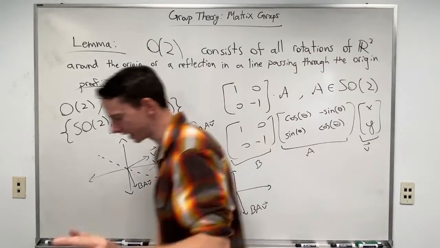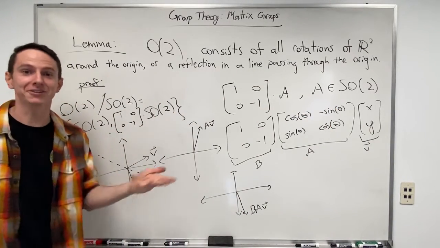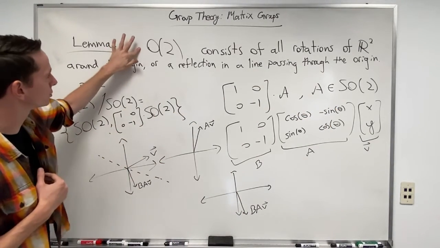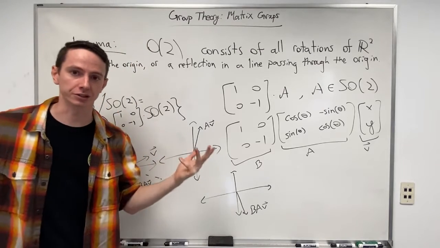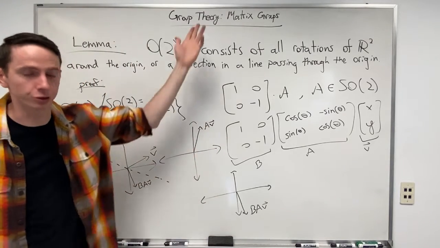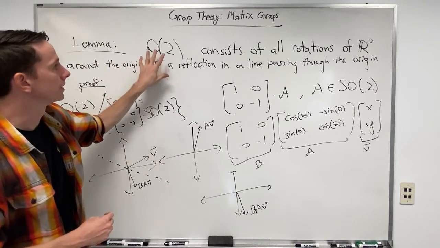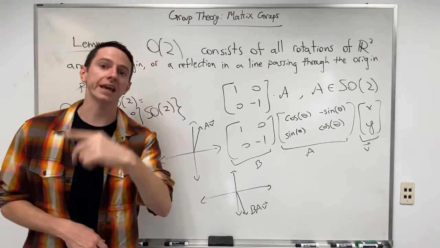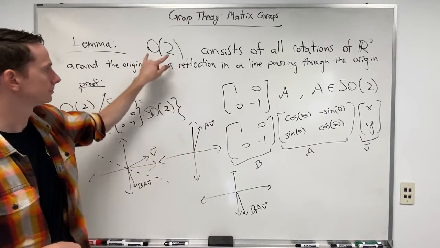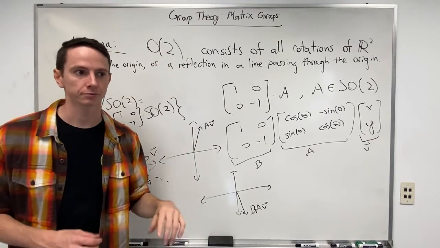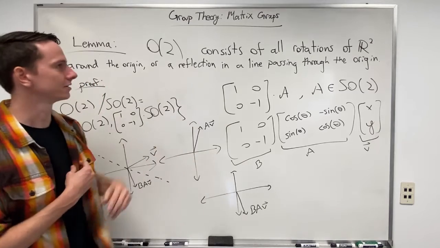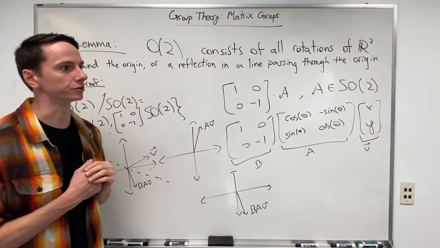And the main takeaway I'd like you to have is that SO2 is the group of all rotations in two-dimensional space, and you can generalize that to n dimensions. O2 is the group of all rotations and all reflections in two-dimensional space, and you can imagine generalizing that to a higher number of dimensions.